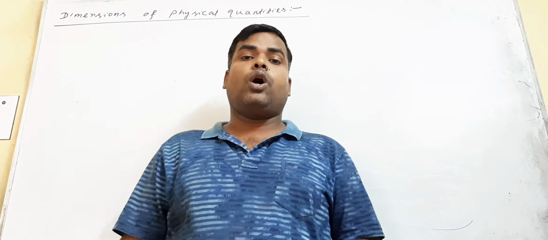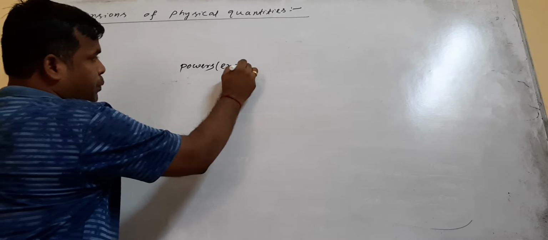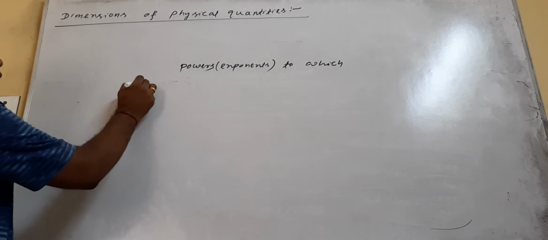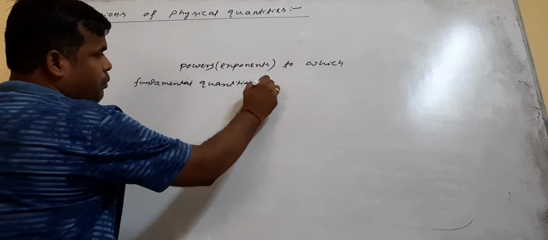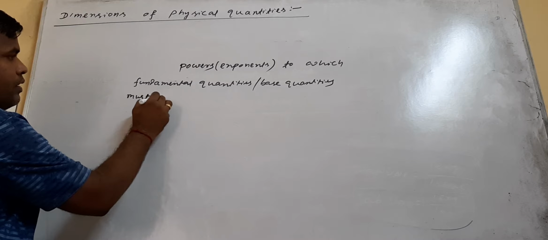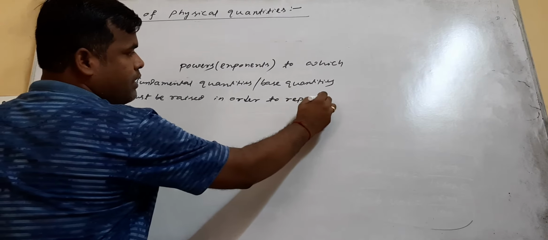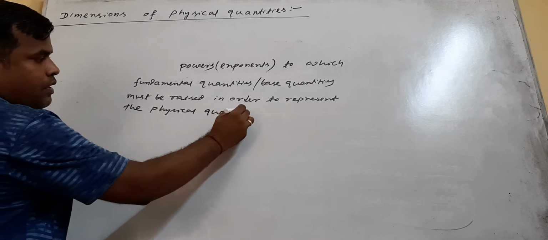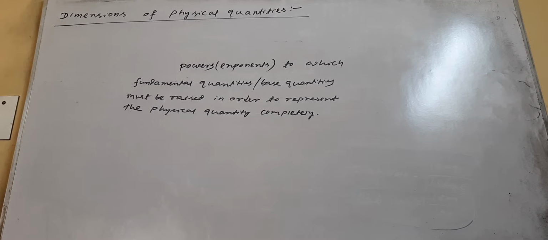The dimensions of a physical quantity are the powers or the exponents to which fundamental quantities or base quantities must be raised in order to represent the physical quantity completely. These powers are the dimensions.